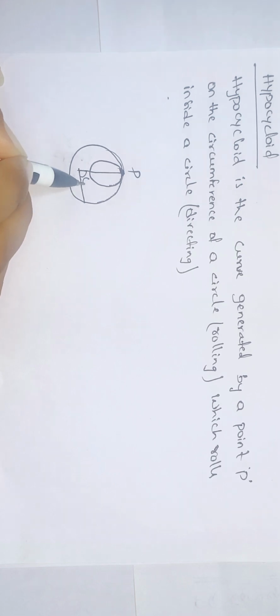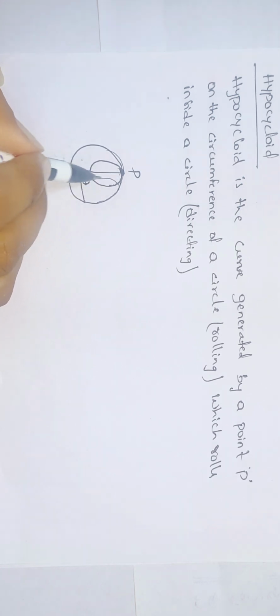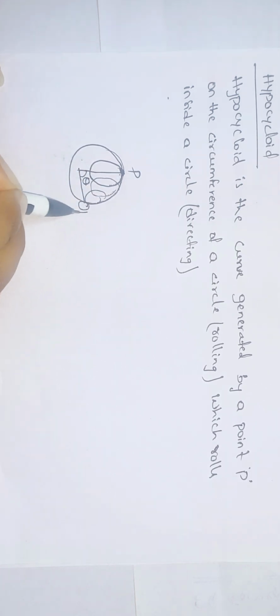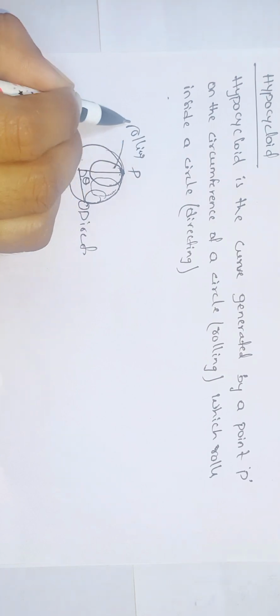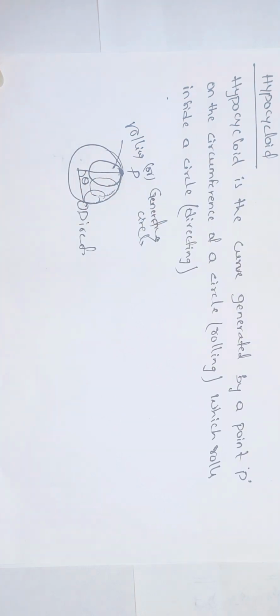Then you get a theta value here also, which we have to consider. This is the directing circle, this is the rolling circle, and another name for the rolling circle is the generating circle.